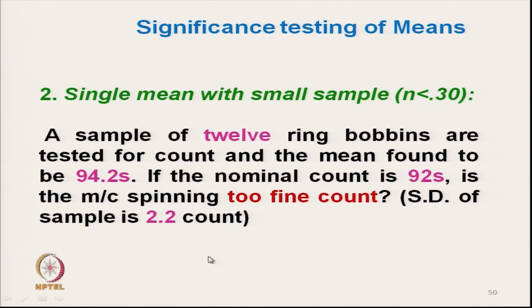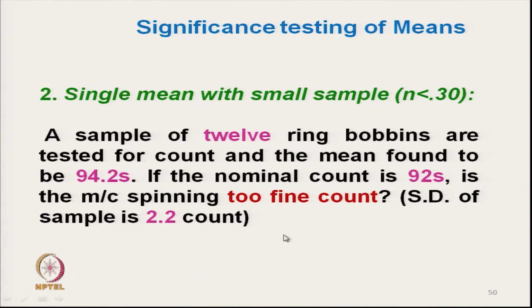Next numerical, a sample of 12 ring bobbins are tested, this is a small sample. They are tested for count and the mean is found to be 94.2. If the nominal count is 92, is the machine spinning to fine count? This type of numerical we have already discussed.